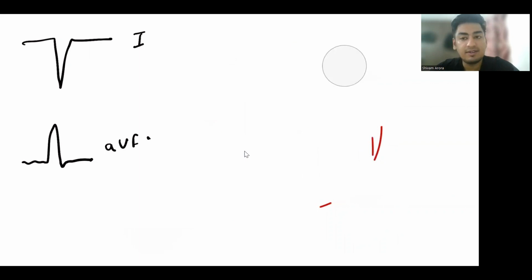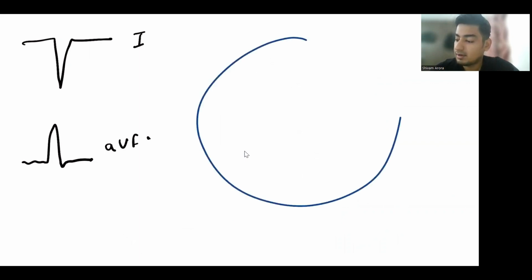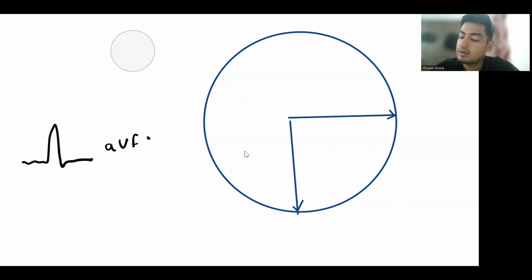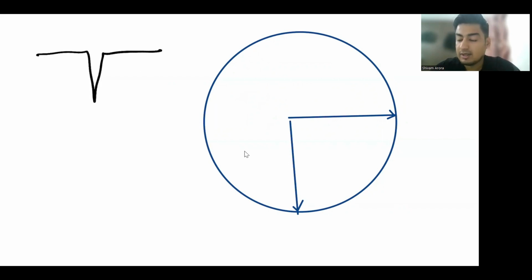Now we'll take the third scenario. In this third scenario, lead 1 is showing a negative QRS and lead AVF is also showing a negative QRS.